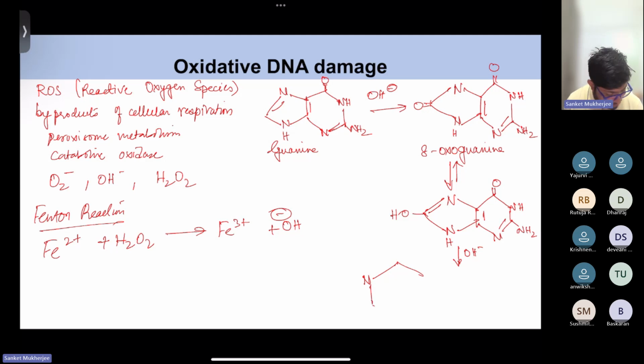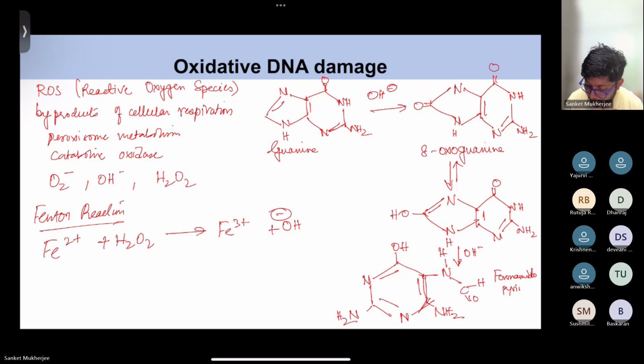I'm just drawing this so that it's easy for you to understand how these damages happen. One of the rings is broken, the imidazole ring is broken, and this structure is formamidopyrimidine.